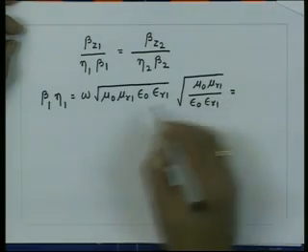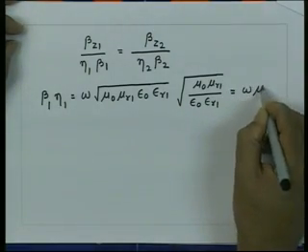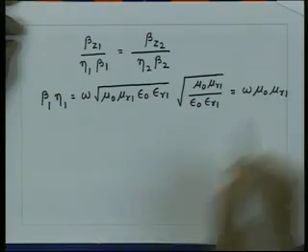So, we get from here this will be omega mu 0 mu r1.